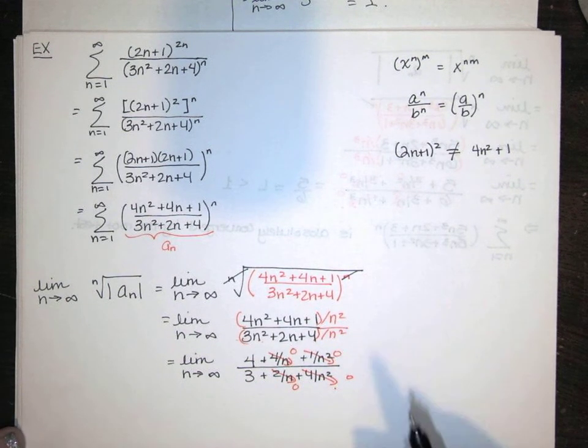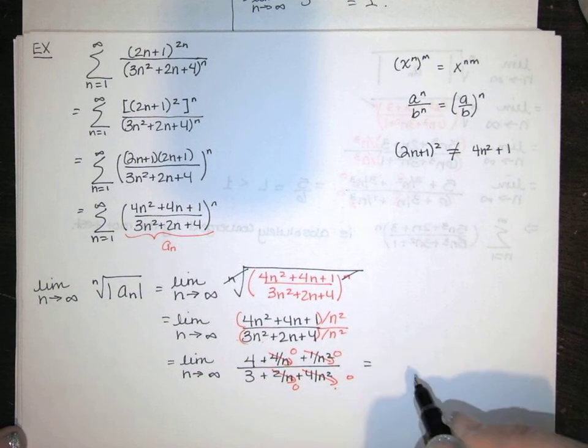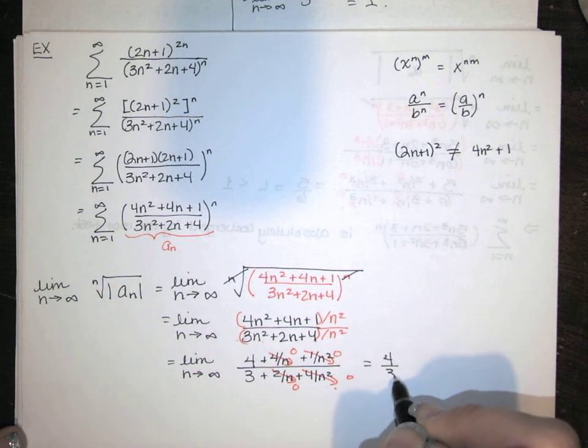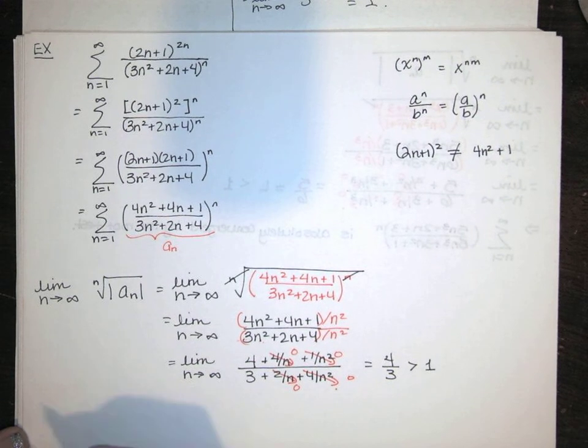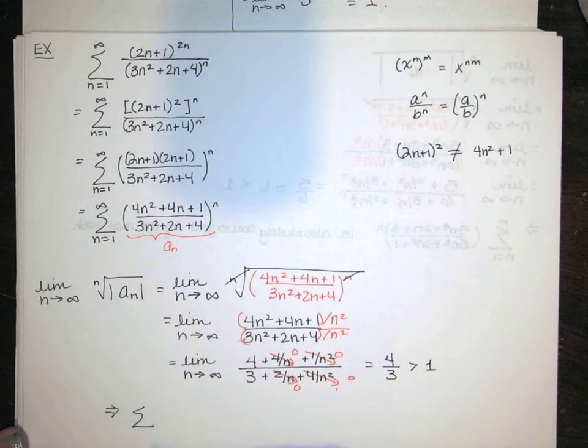I don't know why I like to personify my functions, but I do sometimes. It's 4/3. That's definitely greater than 1, and if our limit is greater than 1, that means our original series diverges by the root test.